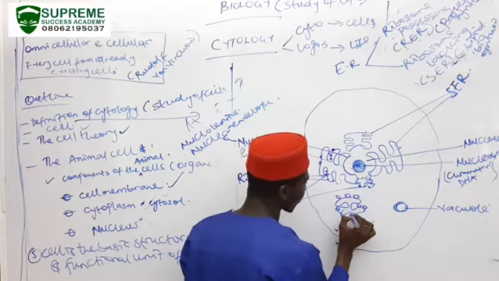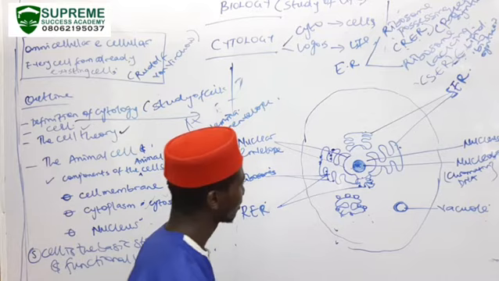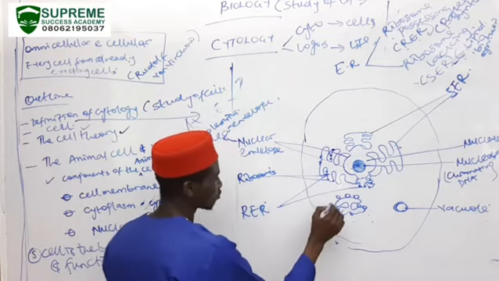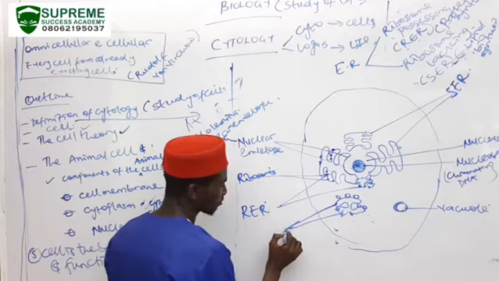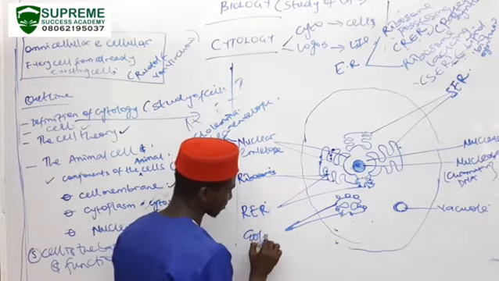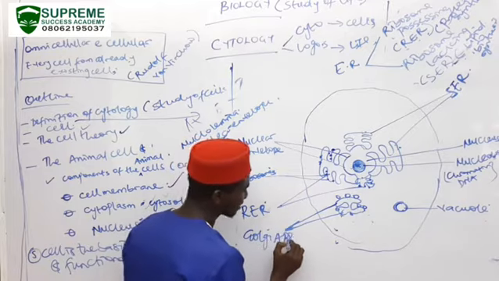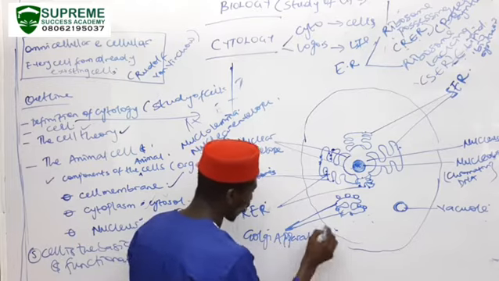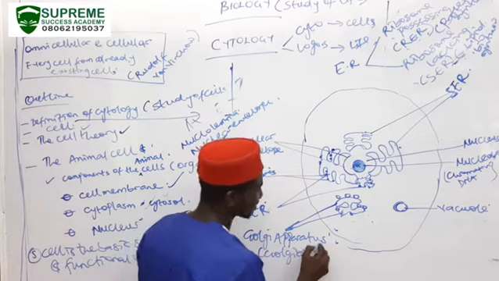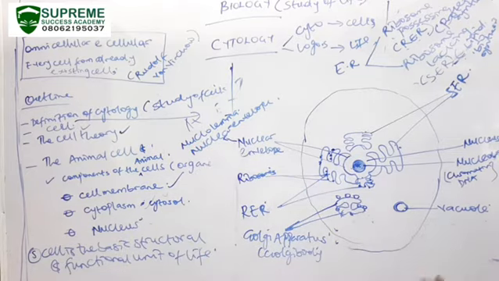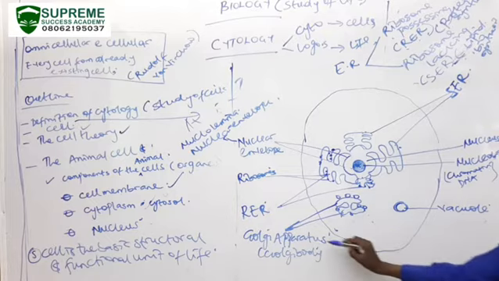When you see structures with sac-like structures like this, they are referred to as the Golgi. We call them the Golgi apparatus, or we could call them the Golgi body. They are made up of flattened sacs known as cisternae. So this is the Golgi apparatus.